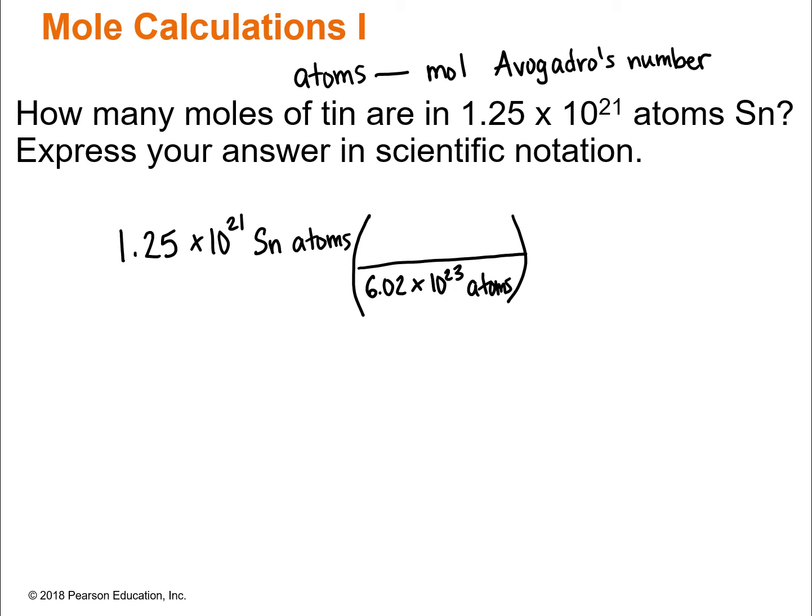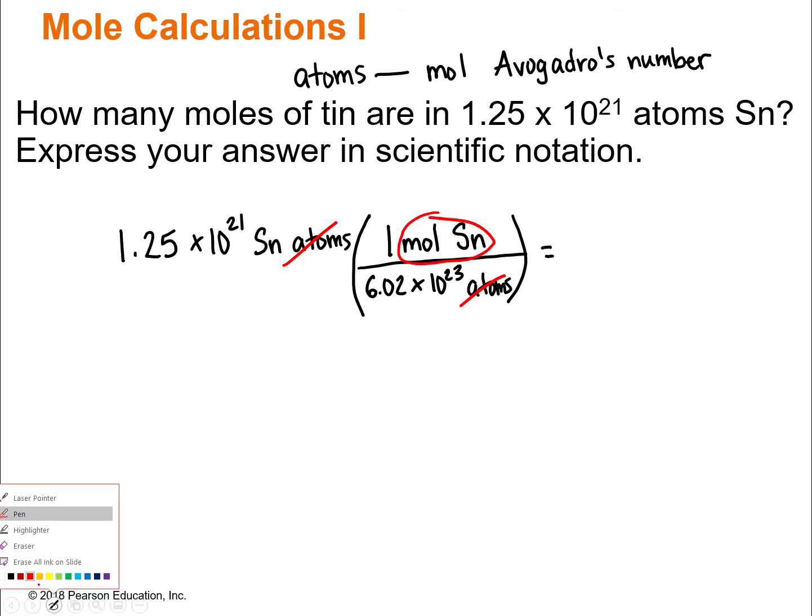So it goes in the bottom. In the top, we're going to put 1 mole of tin. Our atoms cancel out. We're left with moles, and that's what we want. Put that into your calculator and let me know what you get.